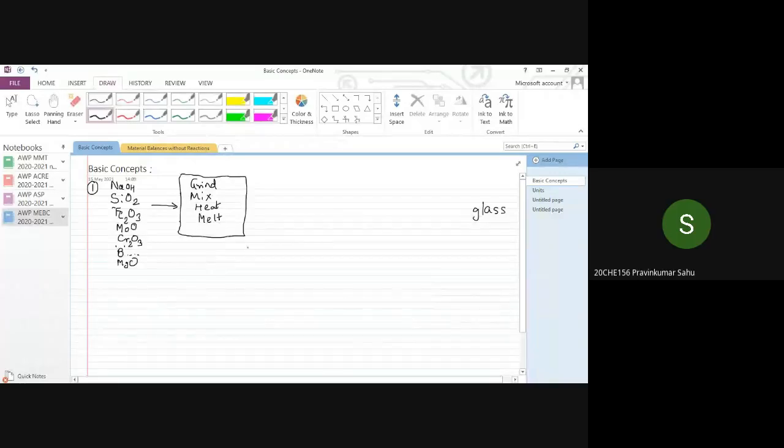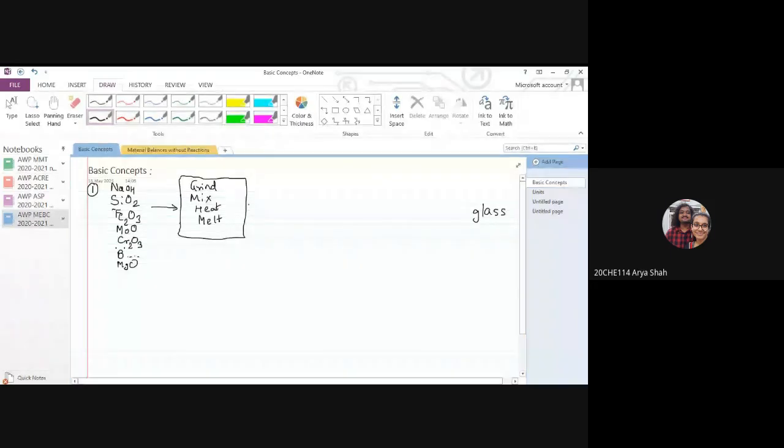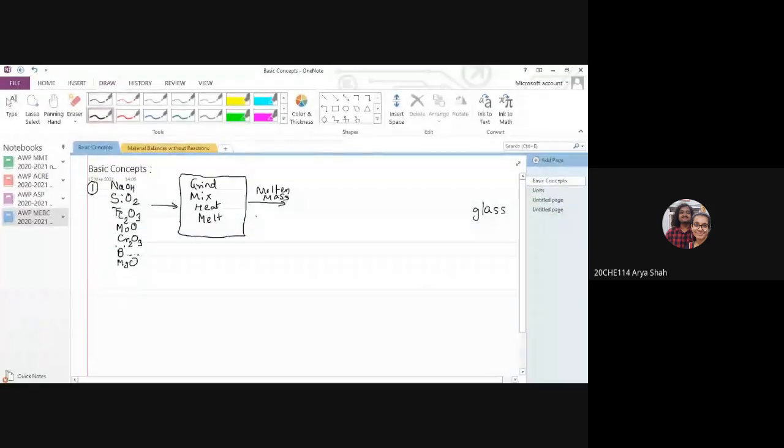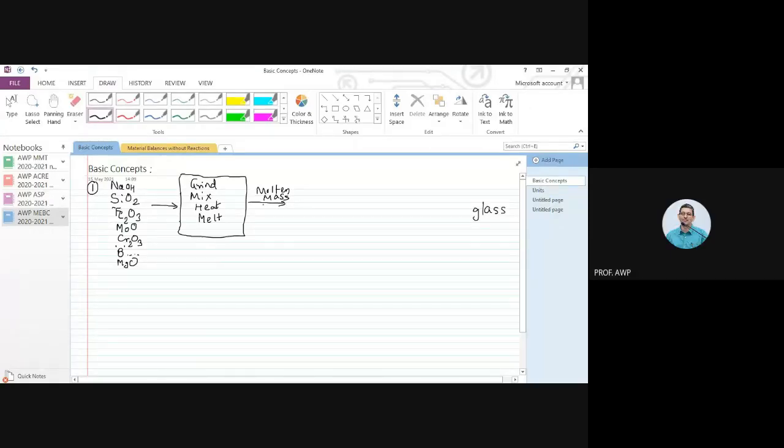Mold them. So we will have a molten mass, molten sodium silicate. We transfer them to a crucible and heat them to a particular temperature, and then we mold them.